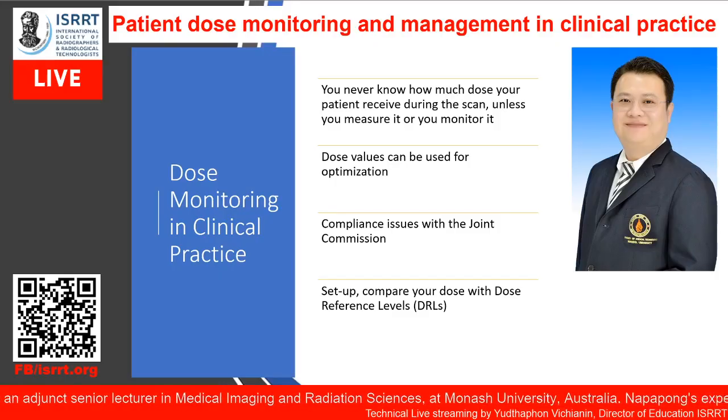In radiation therapy, normally the radiation oncologist will prescribe the dose, how much dose he wants to expose to the cancer tumor. But in imaging, the referring physician never asks. They normally ask, well, we do CT whole abdomen. They never ask CT whole abdomen with 7 milligray dose, right?